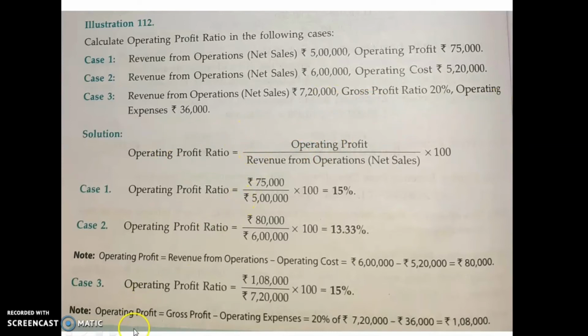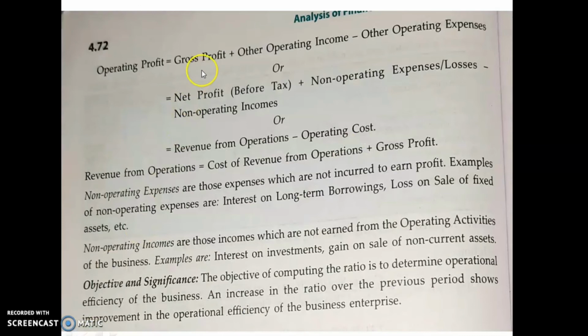So here the formula which helps you to get the amount of operating profit is: operating profit is equal to gross profit minus operating expenses. Children, you have to be very familiar with the 3 formulas for calculating operating profit which we saw in the earlier slide.